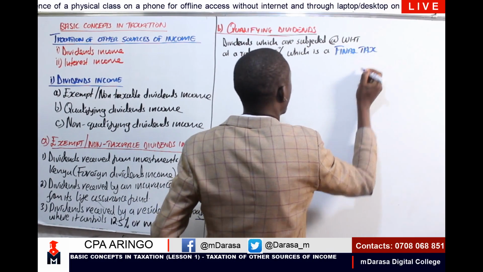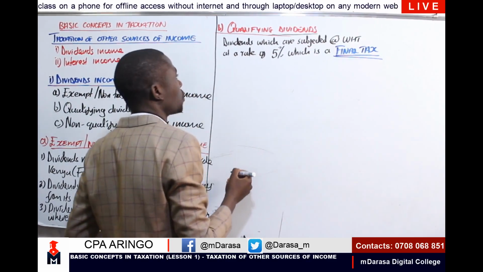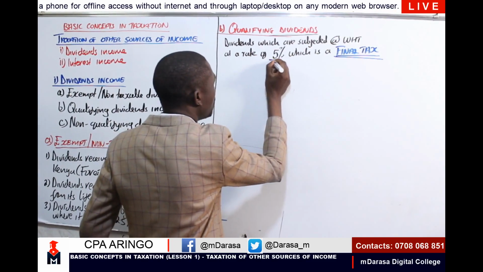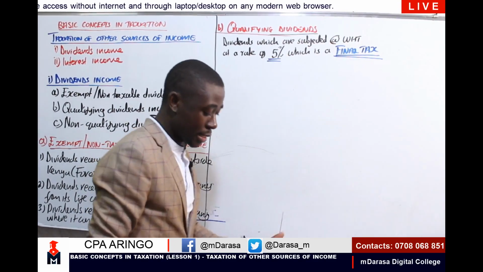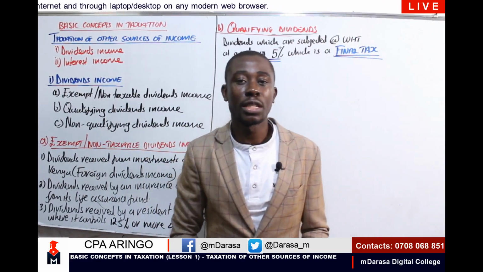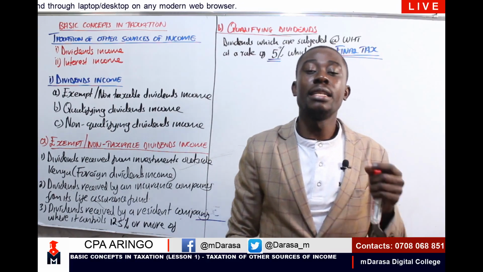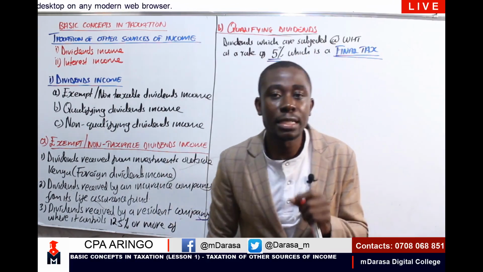I know you'll wonder, Mwalimu, what is this final tax? Key elements, you're talking of 5% withholding tax and it is a final tax. Anytime you're talking of an item being a final tax, that is to say, that is the only component of tax subjected to that income.